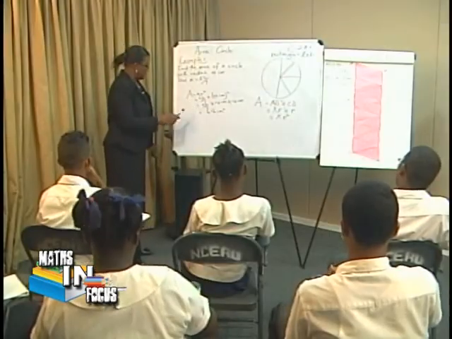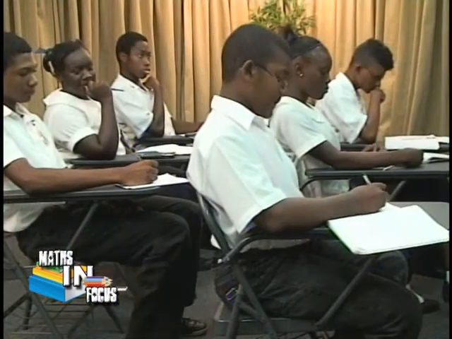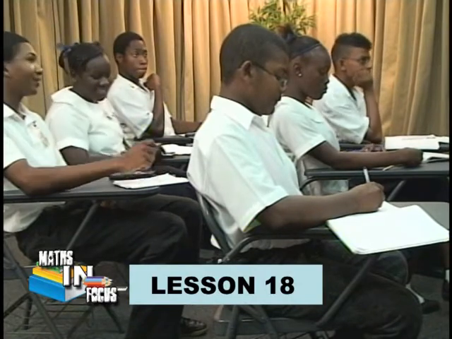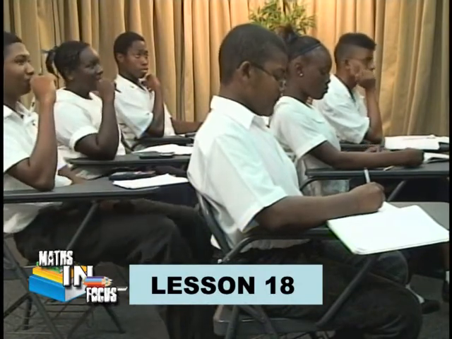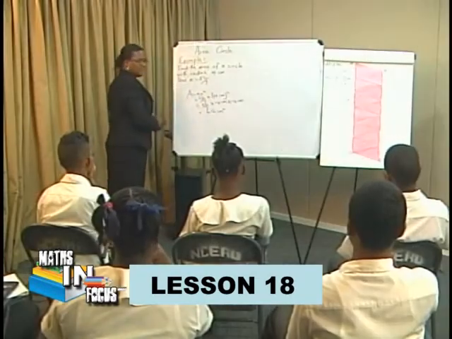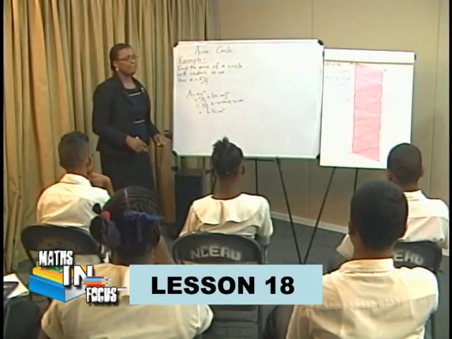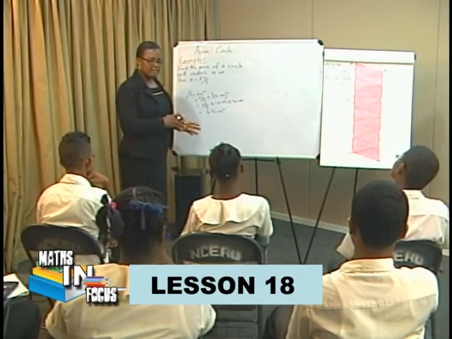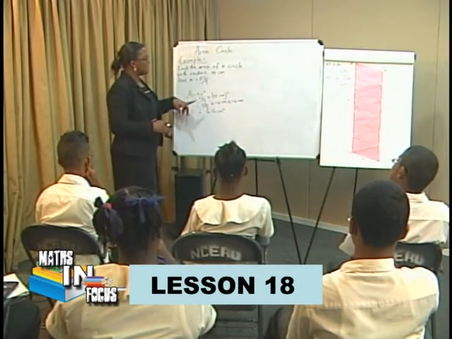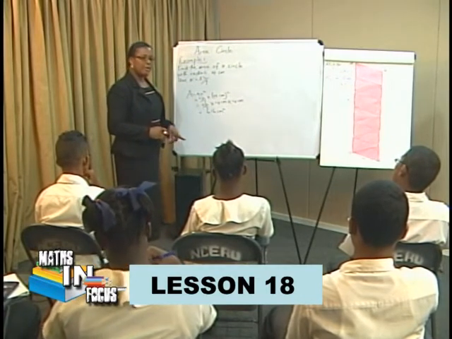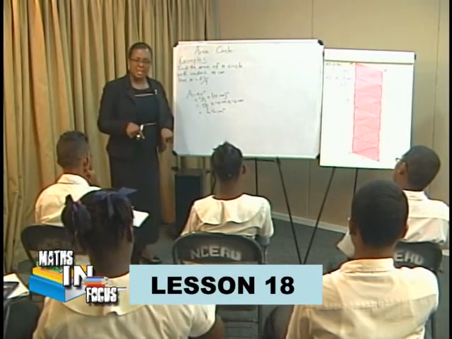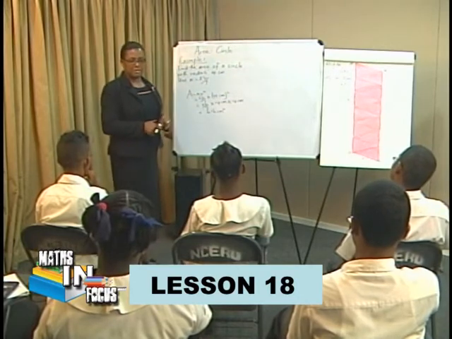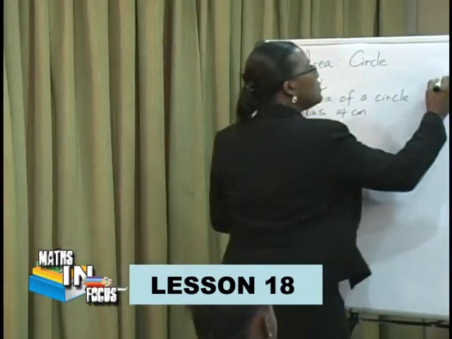Now quickly take a note of this. We're still on area of circles. Here you were given this radius and pi, and you were asked to calculate the area. Now what if you're given the area and you're asked to use the area to find the radius? So example 2.